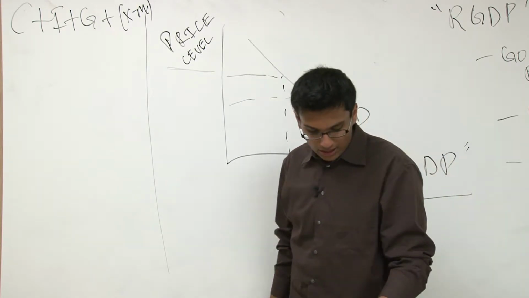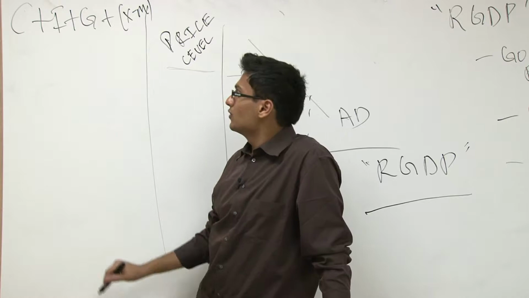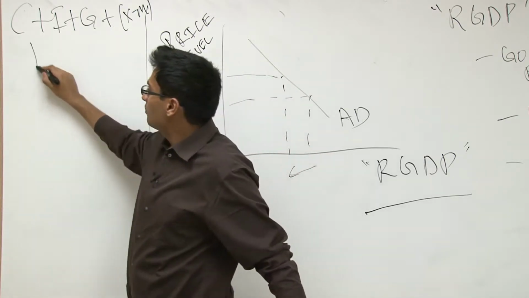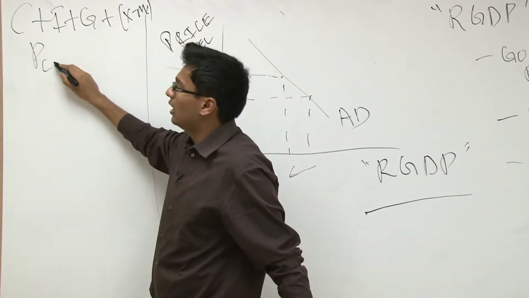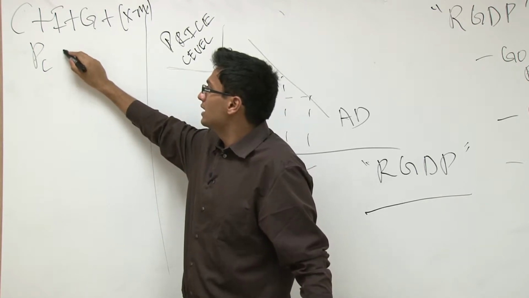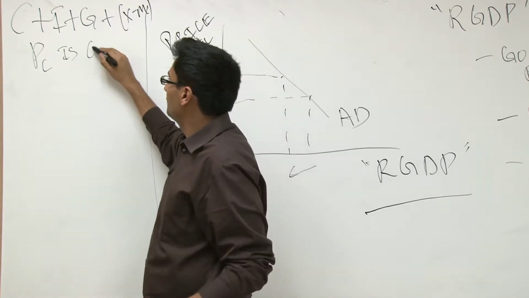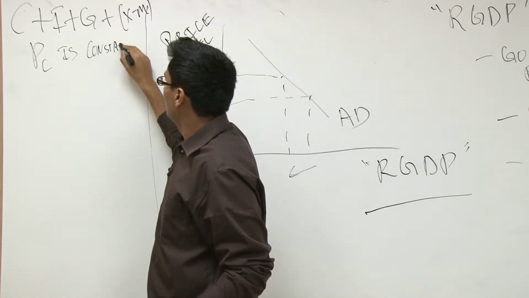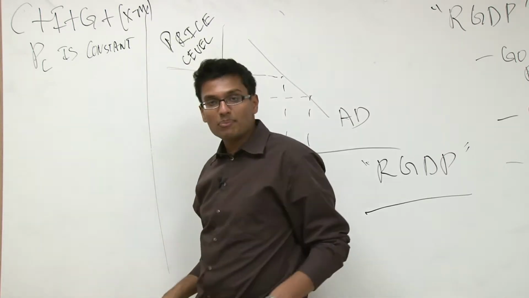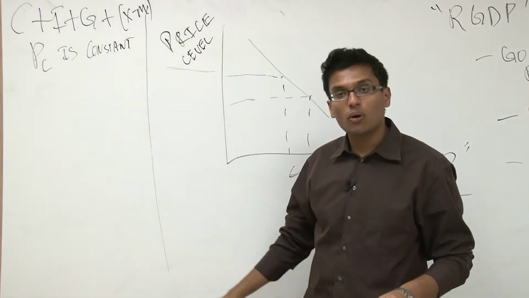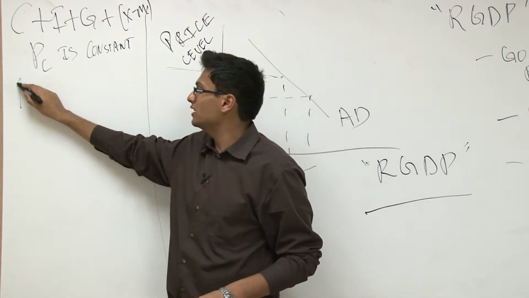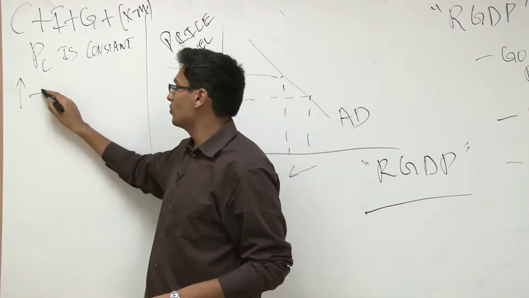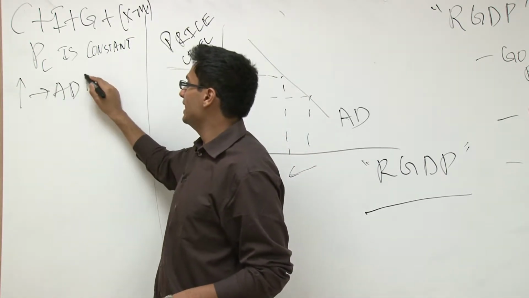If my price level, PL, is constant, then if any of these go up, AD goes up, because AD is made of these.